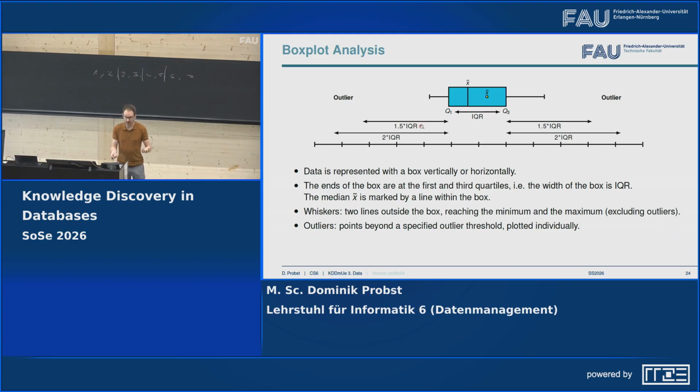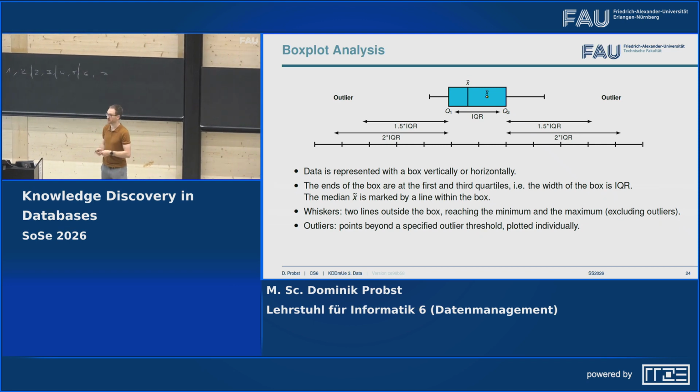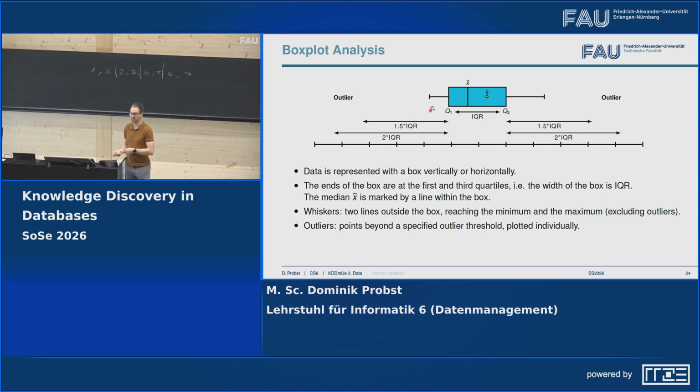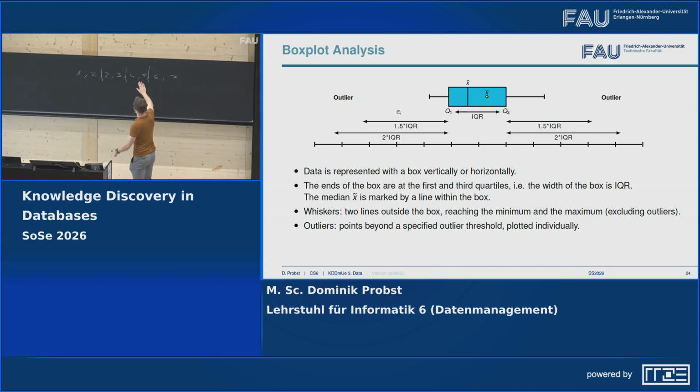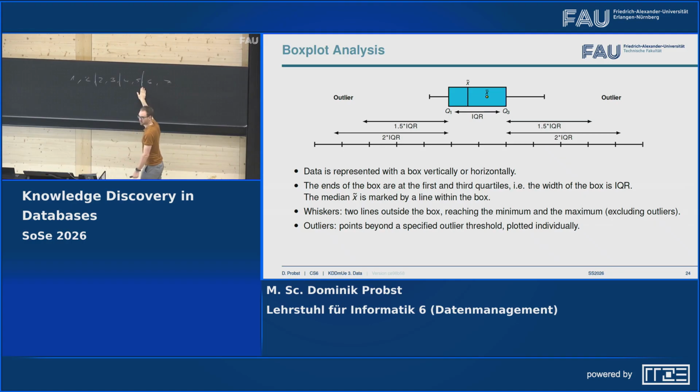If we are, for example, using the 1.5 times interquartile range definition, then we first have to take a look at which values are below the first quartile by more than 1.5 times the interquartile range. In this example, since we have the first quartile at 2 and the third quartile at 5.5, the interquartile range is 3.5.